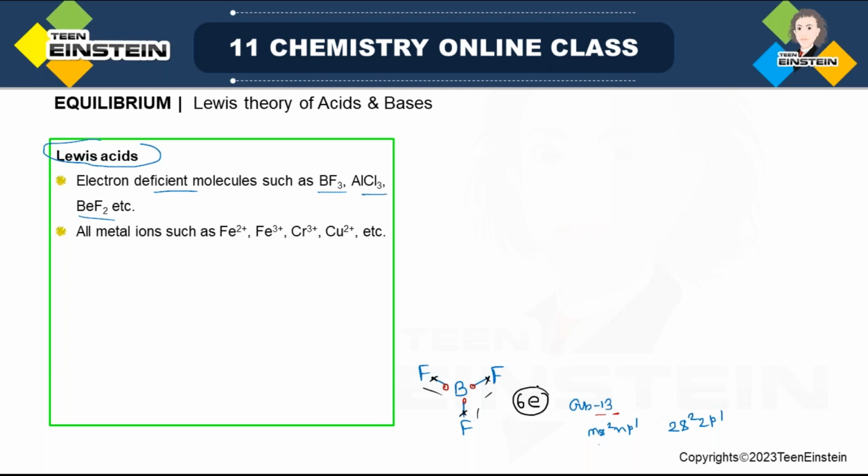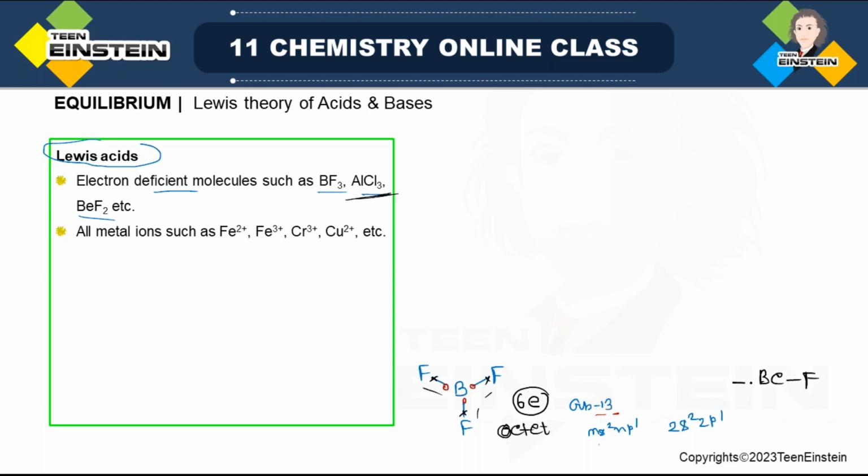So 6 electrons means its octet is not complete, and as the octet is not complete, it will try to accept 2 more electrons so that it can fulfill its octet. So this is the reason why it is electron deficient. The same explanation you can put for AlCl3, because aluminium is also from group 13, so the same problem is also there. What about BeF2?